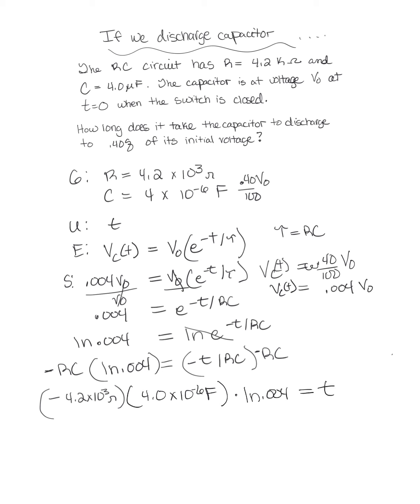And then we'll put that in our calculators. And we get that the time for the capacitor to discharge to 0.4% of its initial voltage is 0.0927 seconds, which is approximately 9.3 times 10 to the minus 2 seconds.